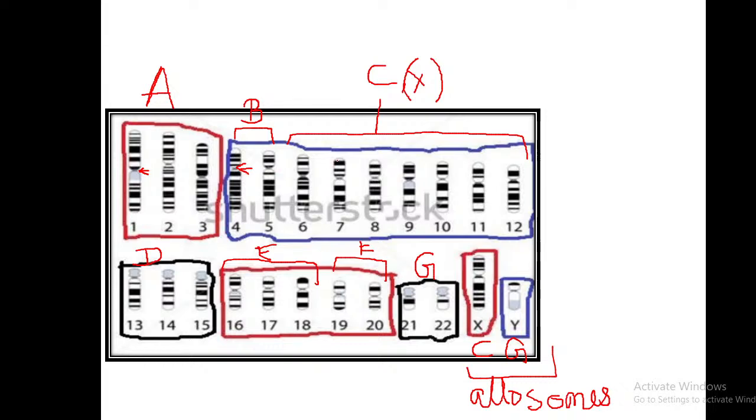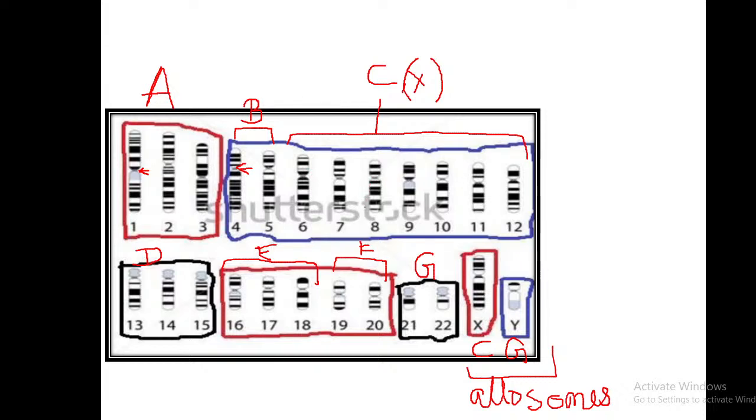Then 6 to 12, they are medium size, they are not large. Compared to chromosome number 1, they are medium sized, but they are submetacentric chromosomes. Then coming to the chromosome number C, they are medium sized and submetacentric chromosomes.